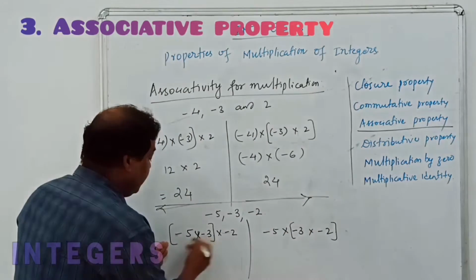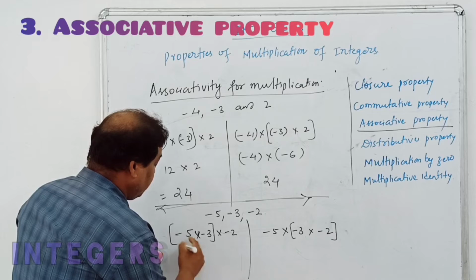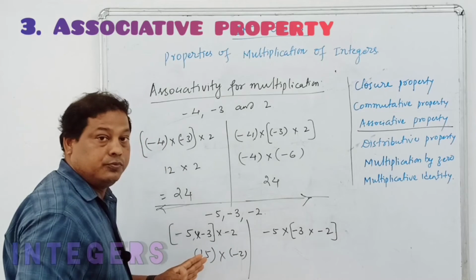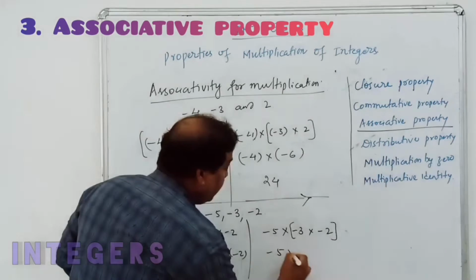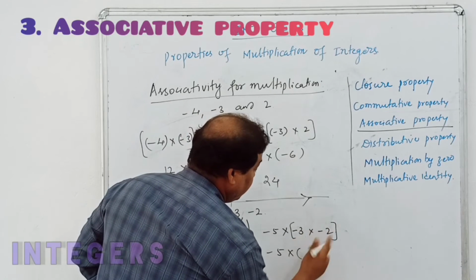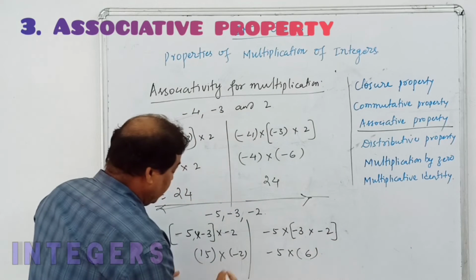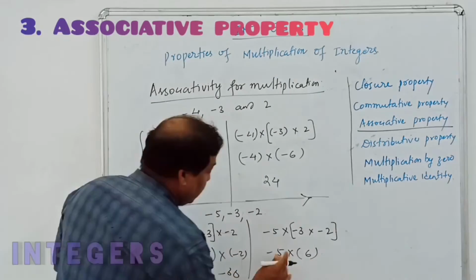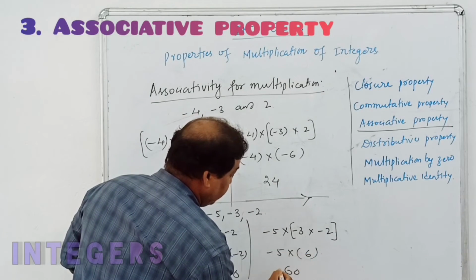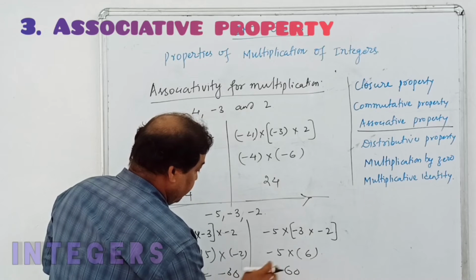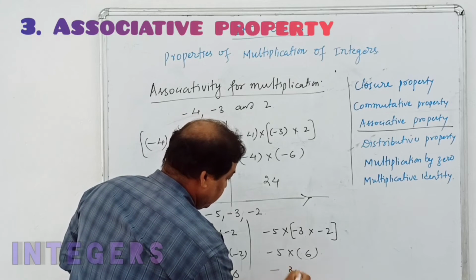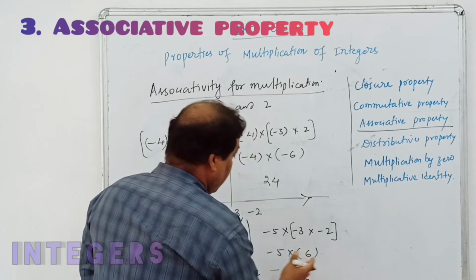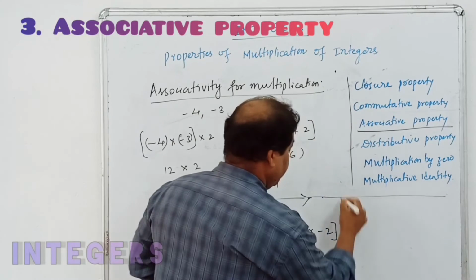Multiply these two numbers: negative times negative is positive, 5 times 3 is 15, then minus 2. Now here, minus 5, and negative times negative is positive, 3 times 2 is 6. Now multiply these two numbers: 15 times 2 is 30, plus times minus is minus, 5 times 6 is 30, minus times plus gives minus. That means minus 30. Now in the first case and the second case, both sides are equal.